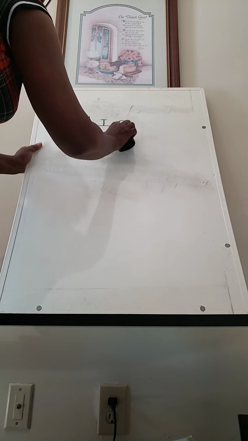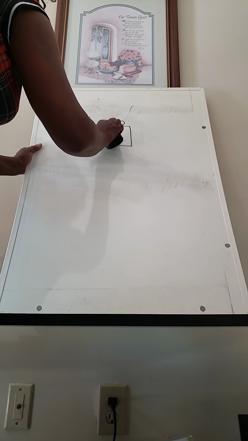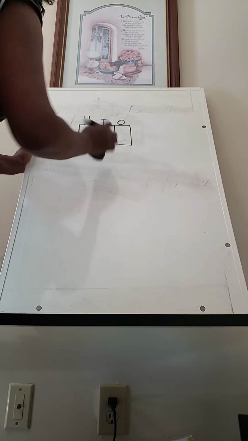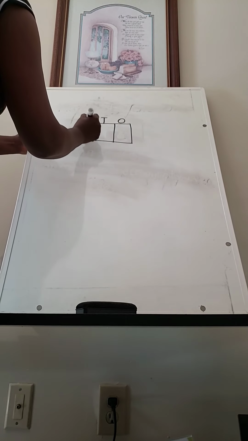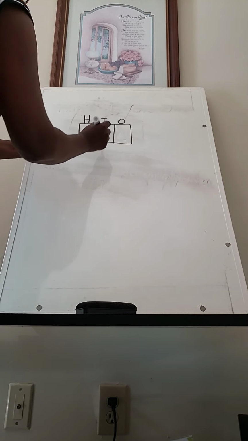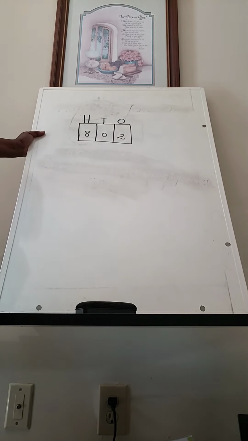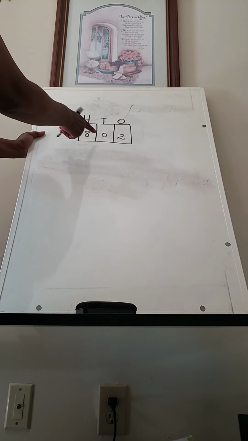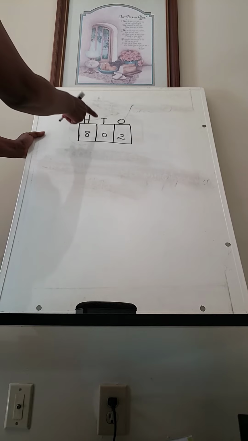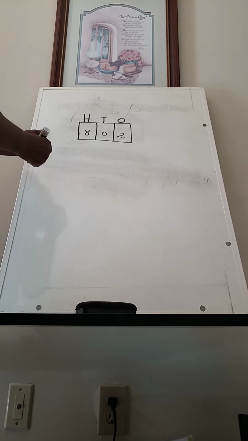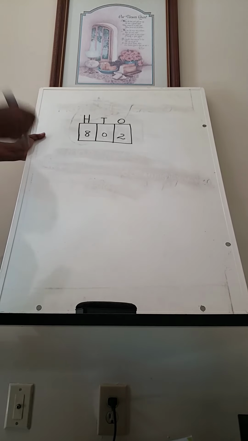I'm going to do one more example with a 0 in our tens place. Let's say we have 802. Here we have a 0 as our placeholder. So we have a 0 in our tens place. We're writing this in expanded form.